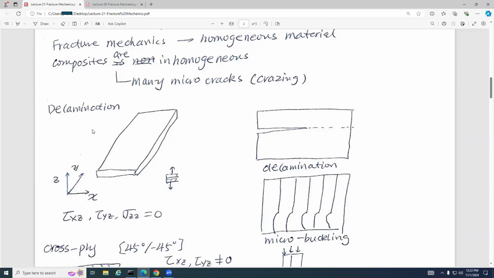This is called delamination. And for this delamination, in these coordinates, we assume the stress components in the z direction are equal to 0: tau xz, tau yz, and sigma zz, all of them are equal to 0.